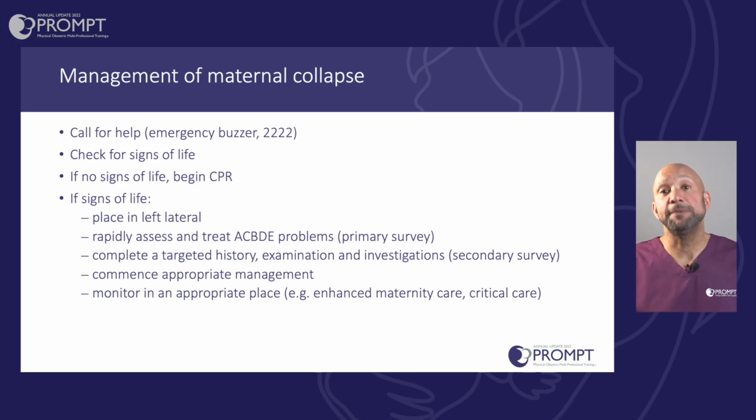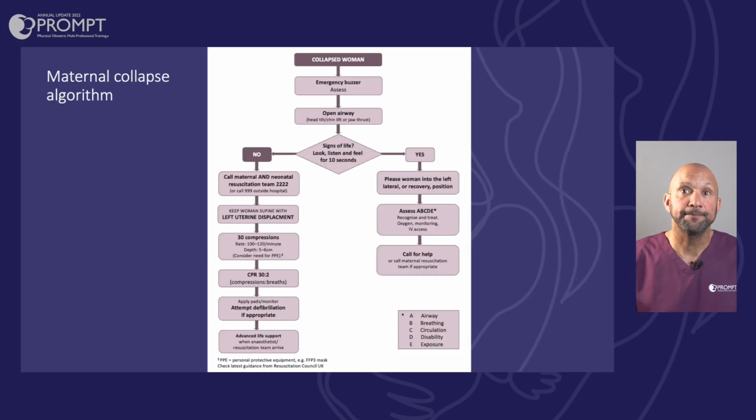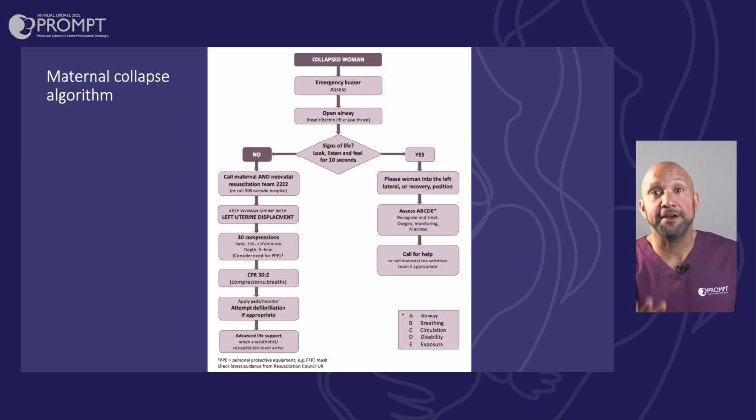That monitoring should be done in an appropriate place, such as an enhanced maternity care setting or a critical care setting, depending on your unit. So this is our prompt algorithm for the management of maternal collapse. It's identifying the collapsed woman, calling for help, assessing and deciding whether or not there are signs of life.